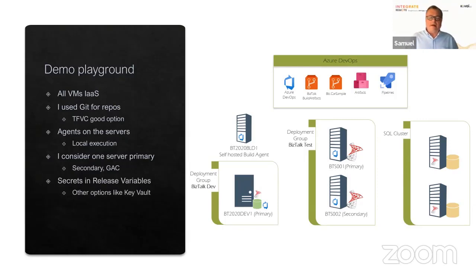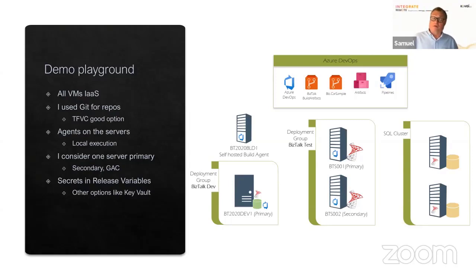For secrets, I have chosen to save them in release variables in my releases. I could have used Key Vault instead, so it's a question of choice during this setup. In a production environment, I probably would use Key Vault.